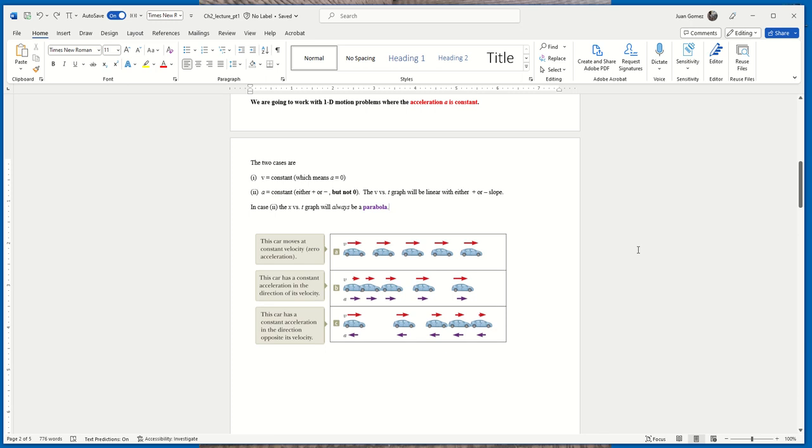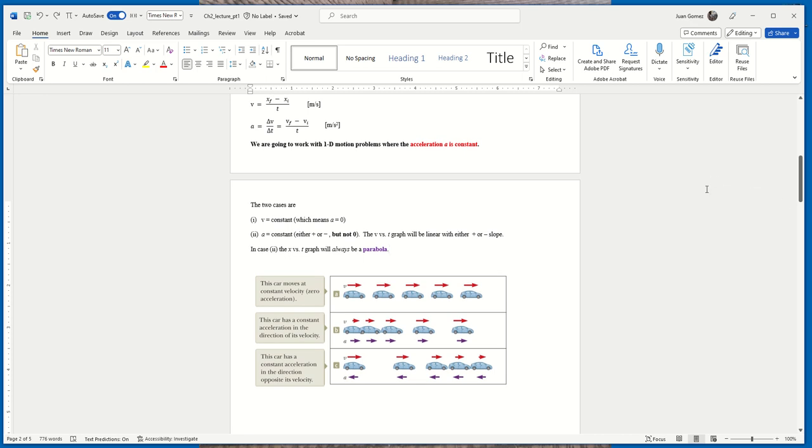But in either case, the v versus t graph will be linear, and the x versus t graph will always be a parabola. For one-dimensional motion with constant non-zero acceleration, the position versus time graph will always be a parabola.